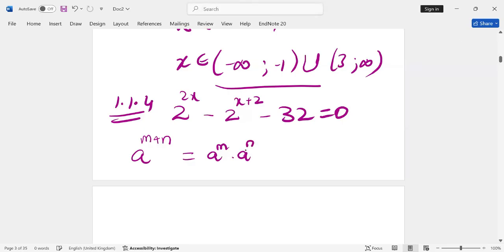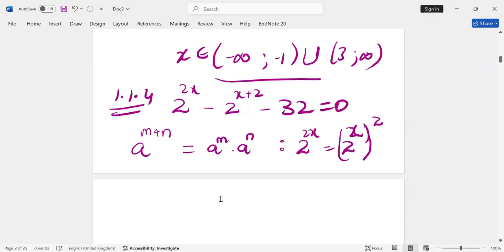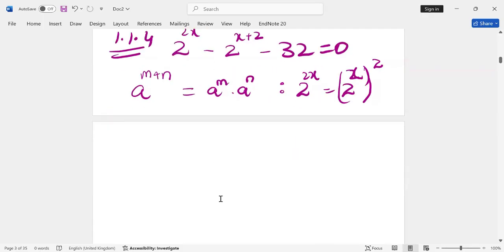And recognize that we have 2^(2x), so we can write it as (2^x) squared. Rewrite the equation first, and then we solve the question.